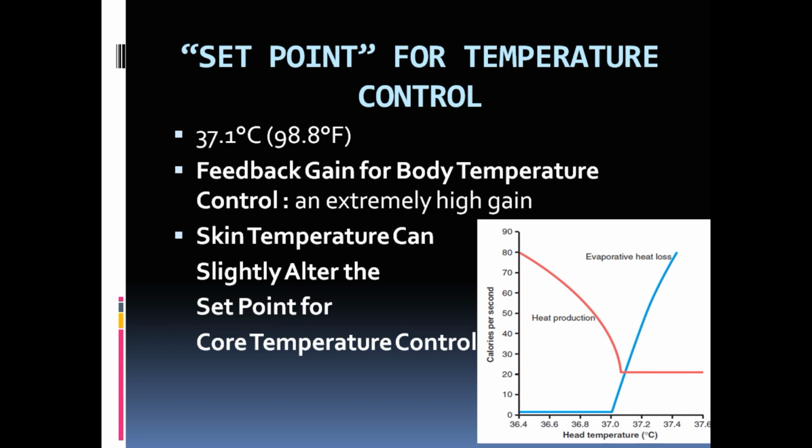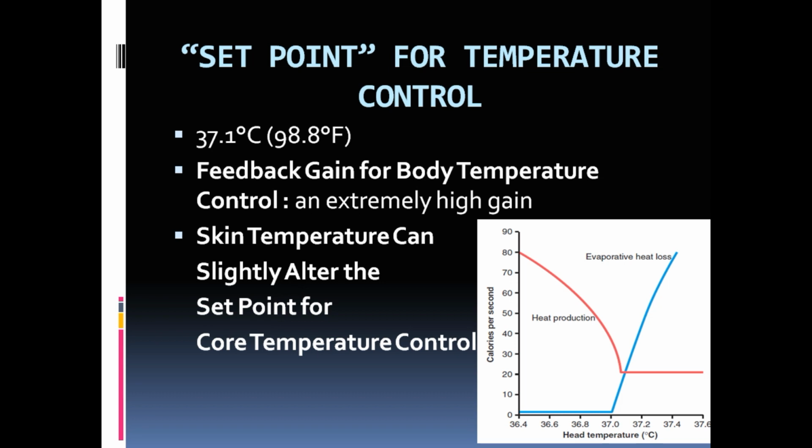This is a feedback mechanism, and every feedback mechanism has a gain, and this gain for body temperature regulation is extremely high. That means the feedback mechanism of body temperature is highly effective, and that is how our body temperature is regulated normally within 1 degree Fahrenheit.